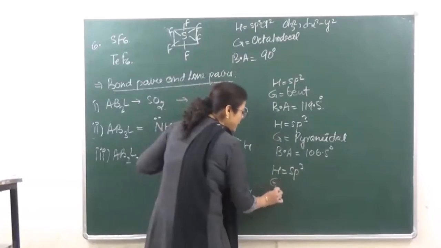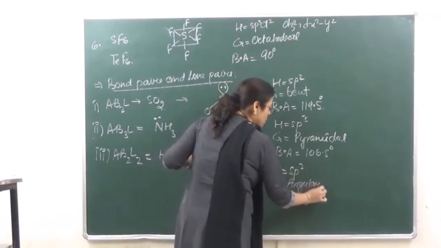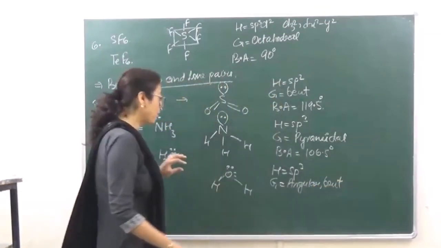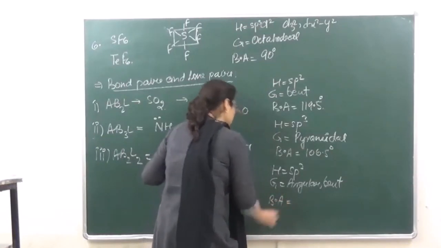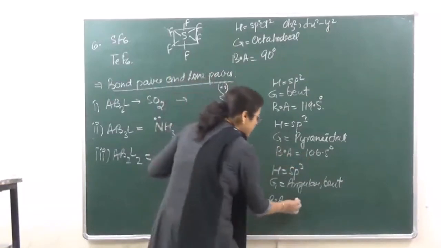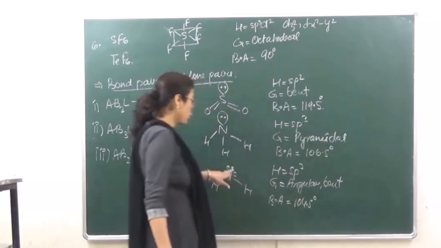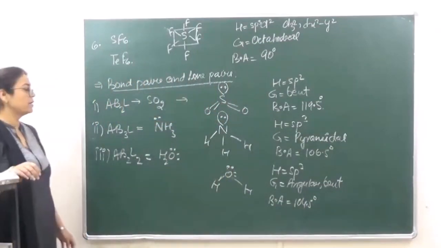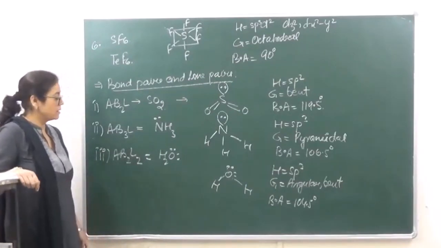The geometry is angular or bent, and the bond angle over here is going to be reduced even smaller than this. It is 104.5 degrees, because of lone pair repulsions, which according to VSEPR theory is the maximum repulsion. Okay, understood?